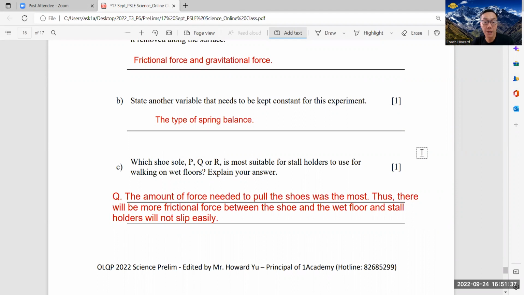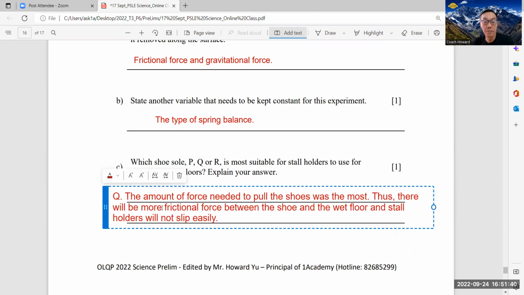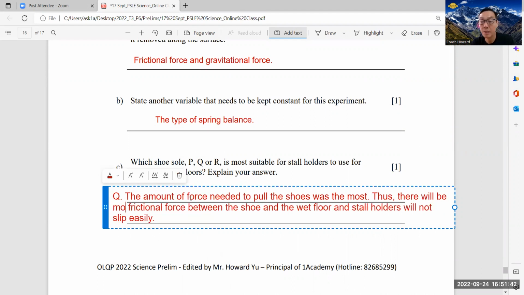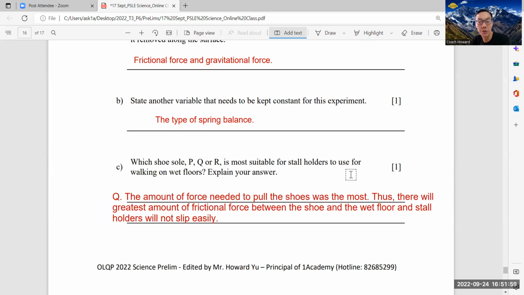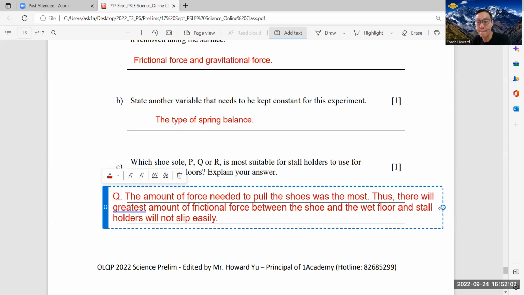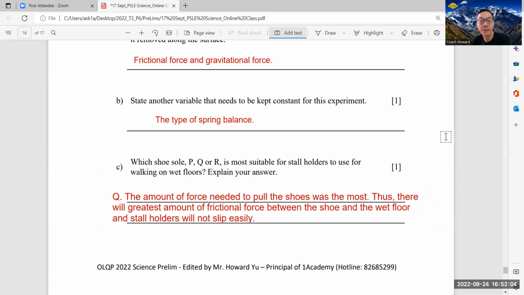Thus, there will be the greatest amount of frictional force between the shoe and the wet floor, and the shoe wearers will not slip easily. Take note of this answering technique. These 3 parts I will screenshot and send to you now, and then we can continue with today's lesson.